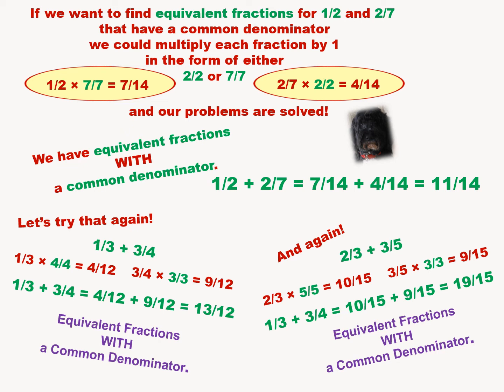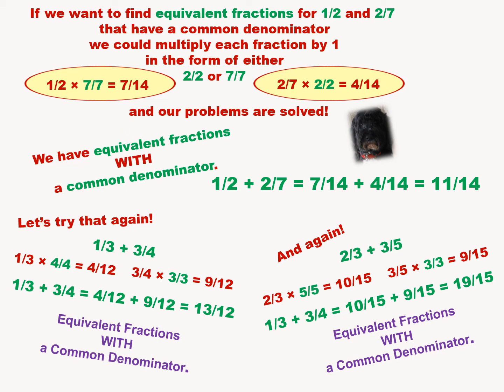Let's try that again. Let's add 1/3 and 3/4. First we'll multiply 1/3 by 1 in the form of 4/4. The result is 4/12, a fraction equivalent to 1/3, but with the denominator of 12. 3/4 times 3/3 equals 9/12.